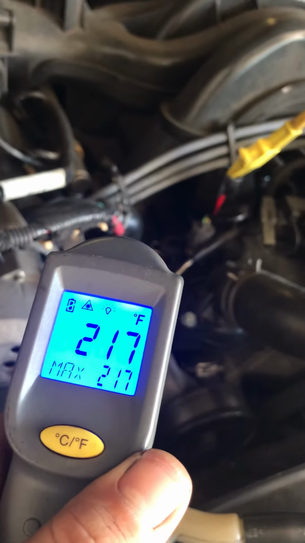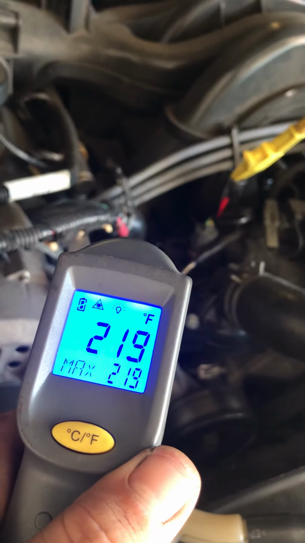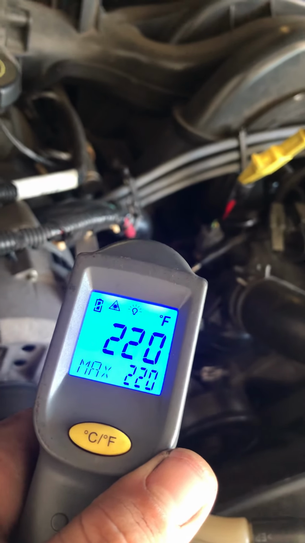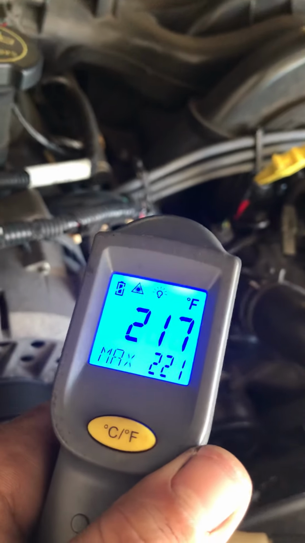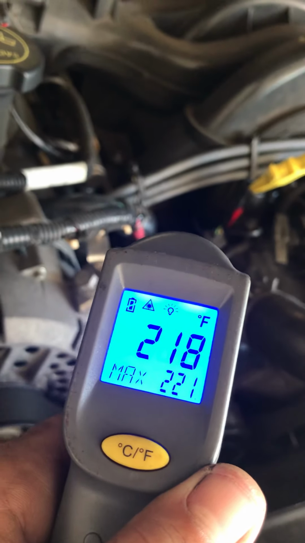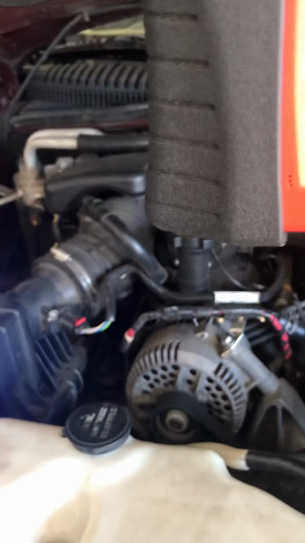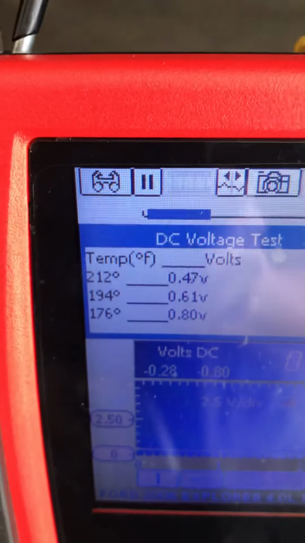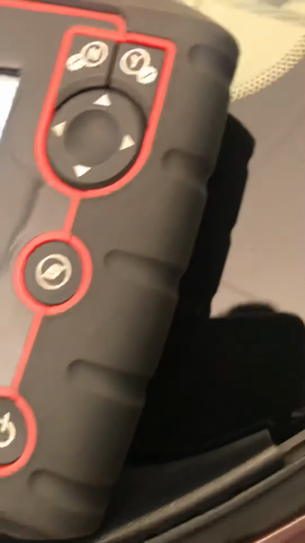It's about 216, then 220. So the temperature essentially is right there right now. And then 12.47. So it's actually reading a little bit warmer than it was supposed to.